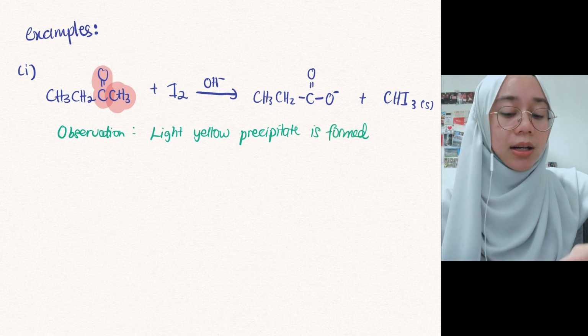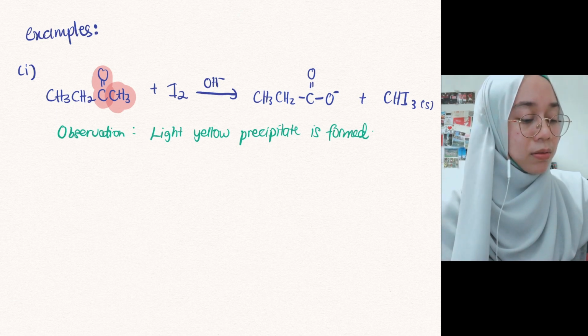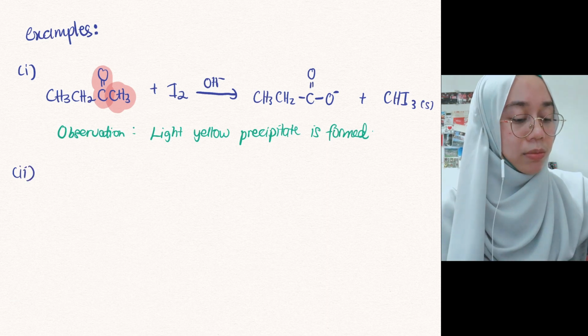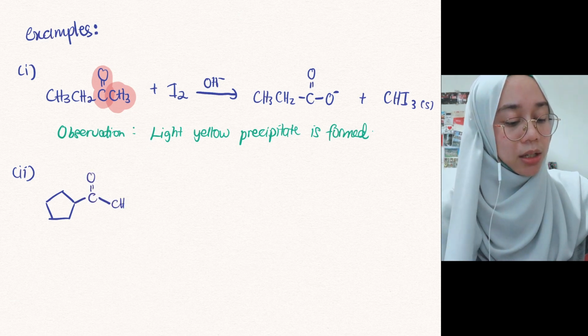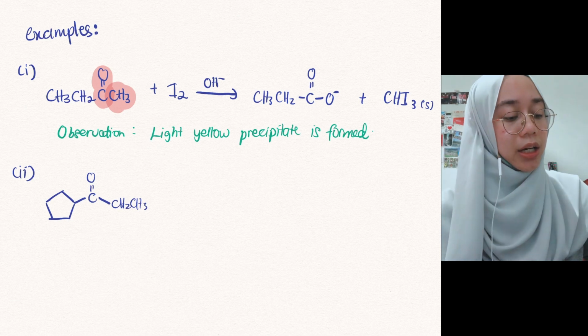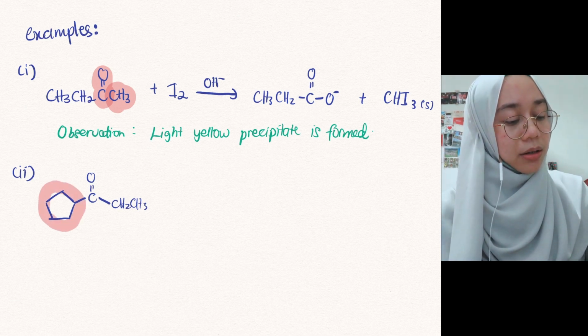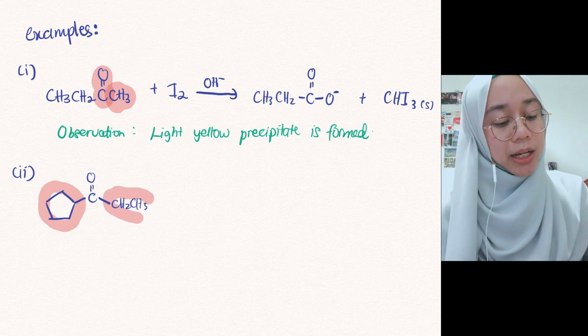Meanwhile, Miss bagi keton yang lain lah. Let's say kita ada C double bond O and then sini CH2CH3. Okay, so as you can see, dekat sebelah kiri carbonyl ni itu adalah cyclopentyl. Dekat sebelah kanan dia pula kita ada ethyl.